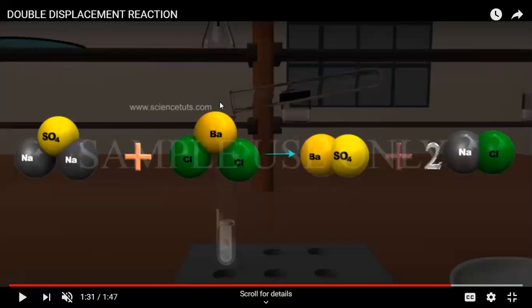If you talk about potassium, barium, sodium, lithium, all of them end with IUM, so they belong to the metallic category. So sodium is a metal, and barium is a metal in the second reactant.